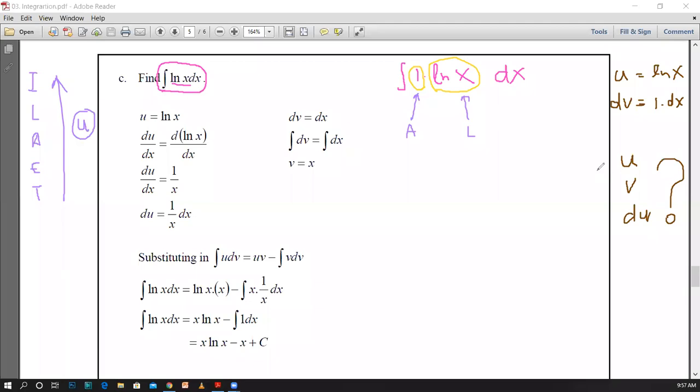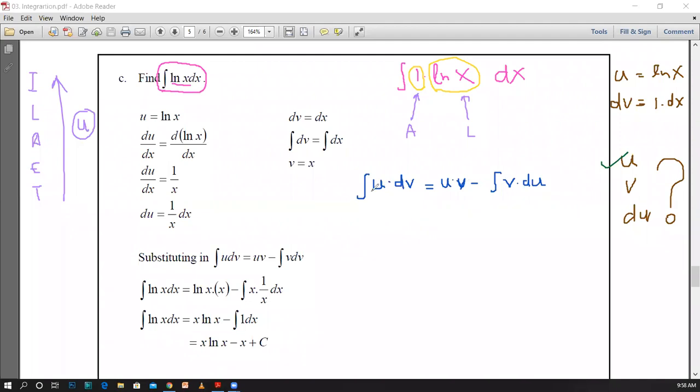You have already identified the quantity for u, and I will write the formula also. The integral of u times dv is equal to u times v, minus the integral of v times du.